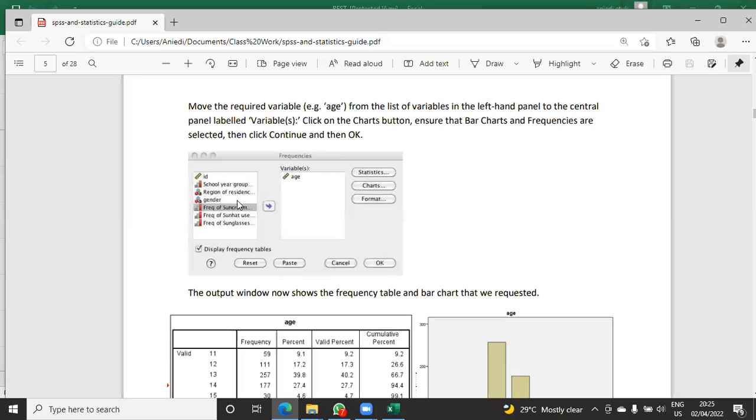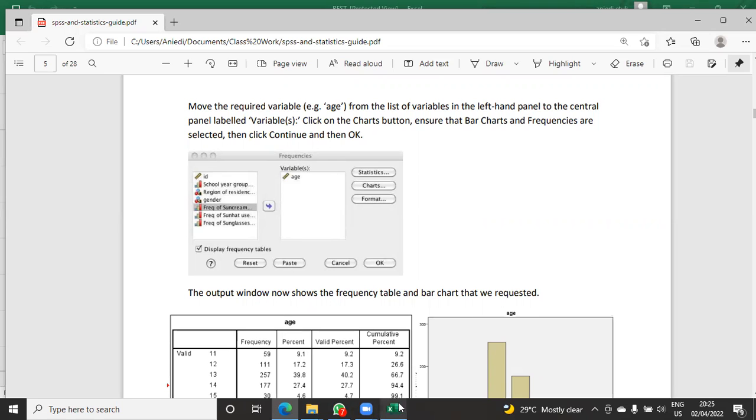Gender is nominal. Frequency of sunscreen is what they were calculating. It's categorical data, but they converted it by counting, and after counting they presented it as frequency.